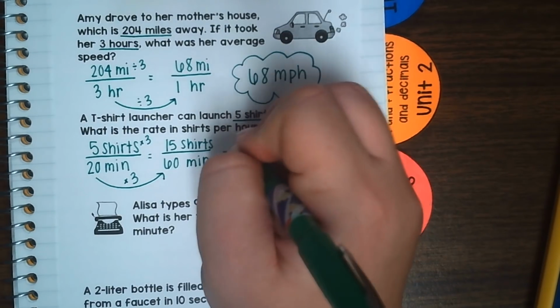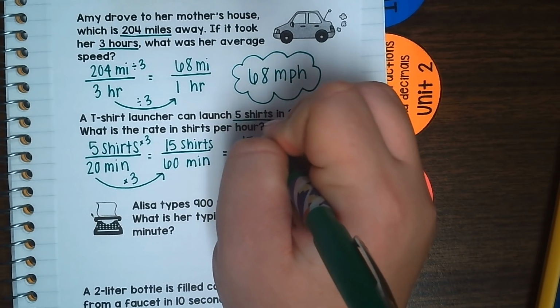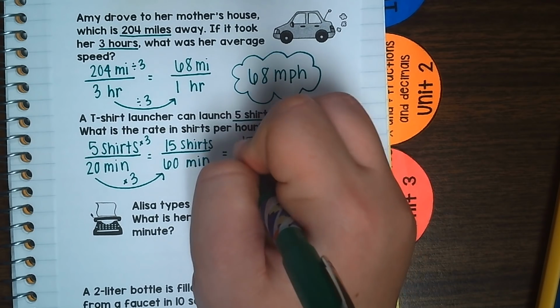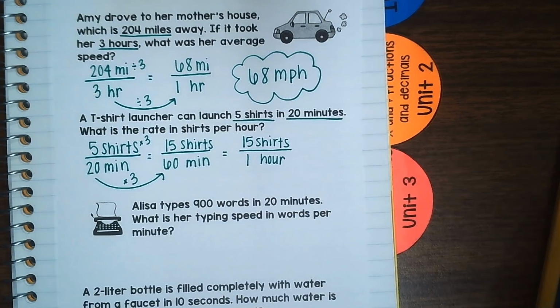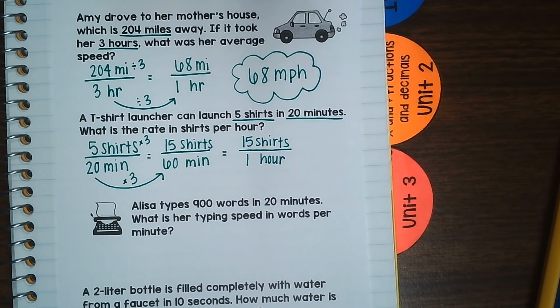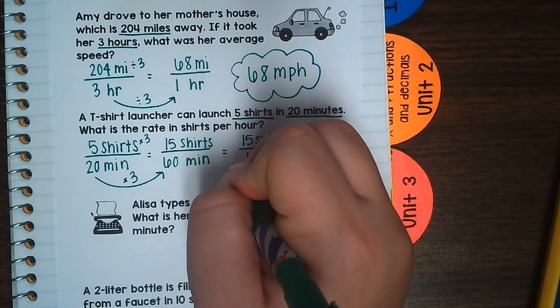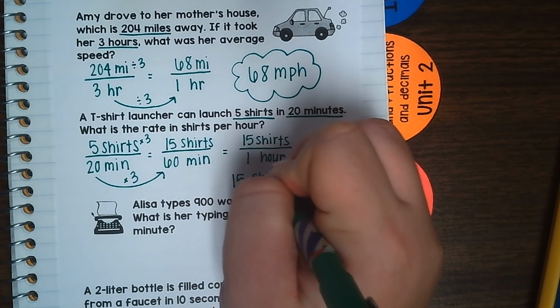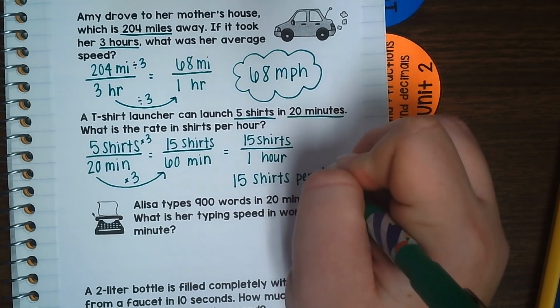So my unit rate would be 15 shirts per hour. So we could leave it like that, or we could just write it out, 15 shirts per hour.